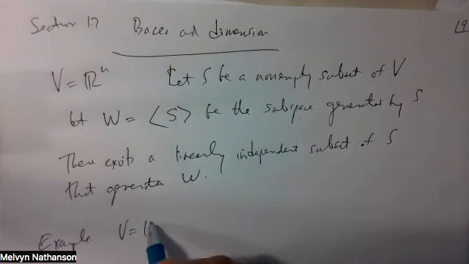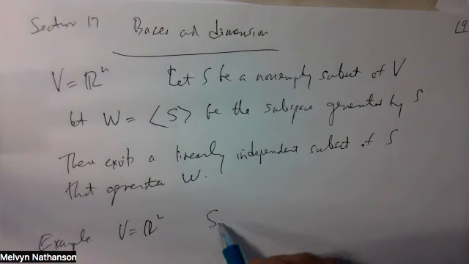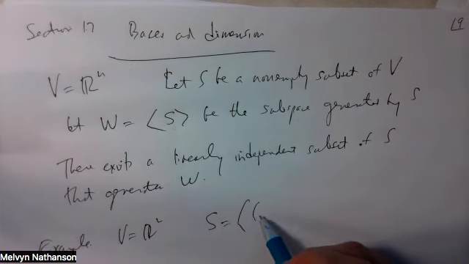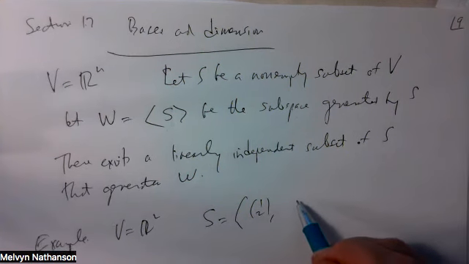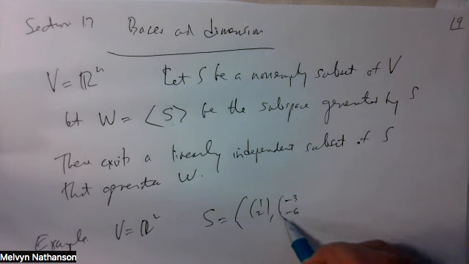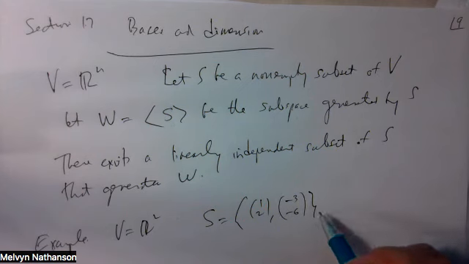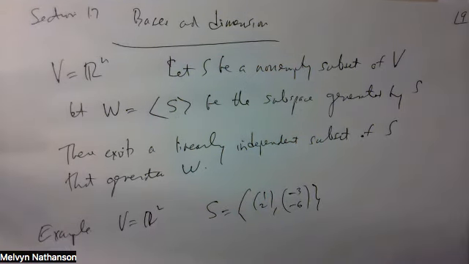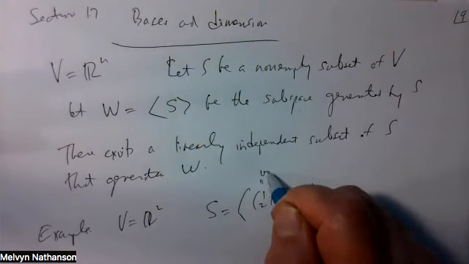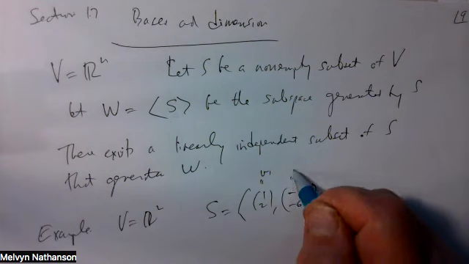Suppose V is R2 and S is the set of vectors (1, 2) and (-3, -6). So what is the subspace? Let's call these w1 and w2.